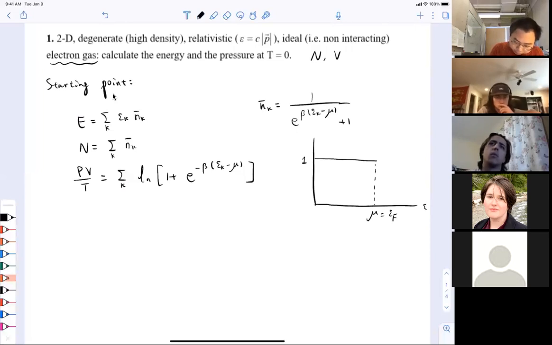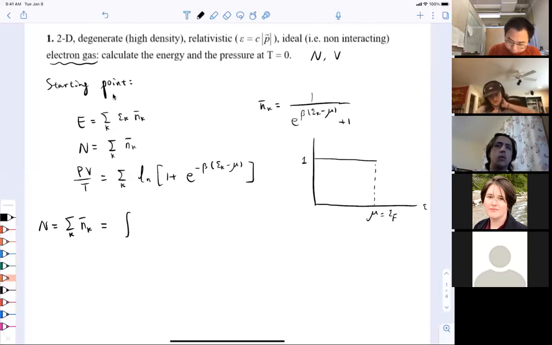Let's first look at the particle number, which is given by a sum. I'm pretty sure you know how to convert this sum to an integral.